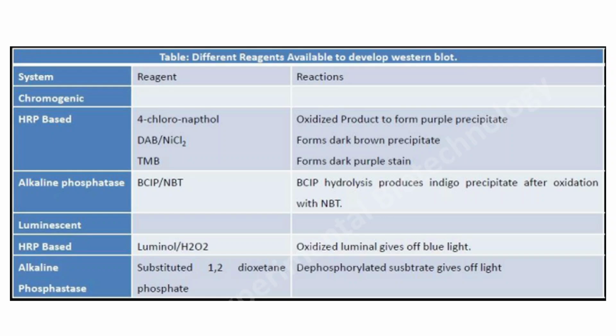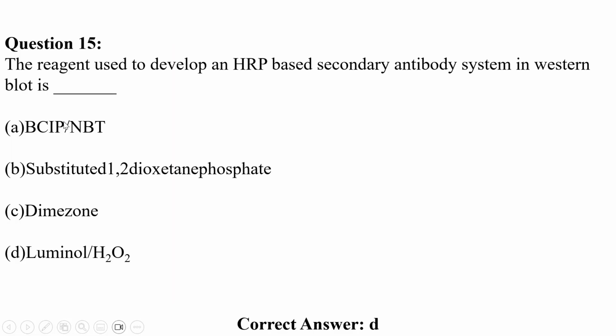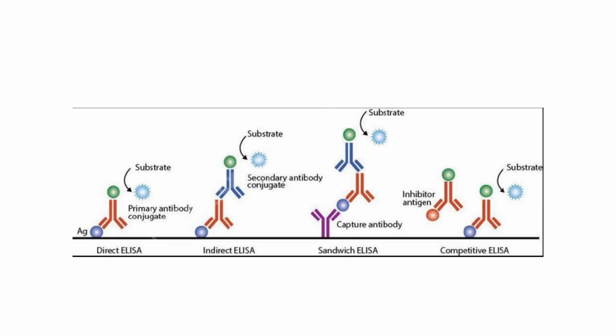So HRP is the horseradish peroxidase. So it can actually react. So here is a table of chromogenic and luminescent visualization of the HRP based and the alkaline phosphatase based antibodies. So if you remember, in the ELISA, I have shown you here a green dot over the antibodies that is reacting to a substrate to give a product, right?